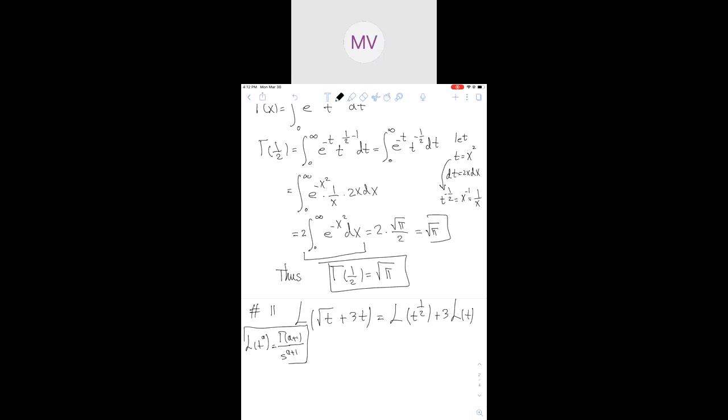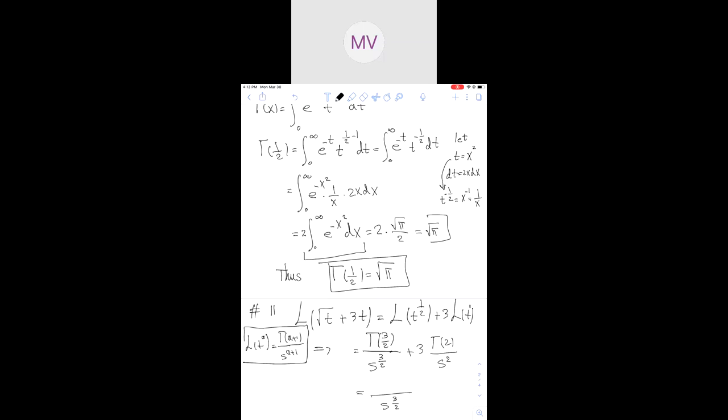Using that formula, for t to the half, a is half, so it's going to be gamma of 3 over 2 over s to the 3 over 2, right? Remember, you add plus 3 times gamma of 2, because the power of t here is 1 over s squared.